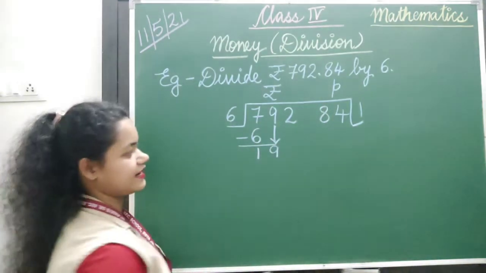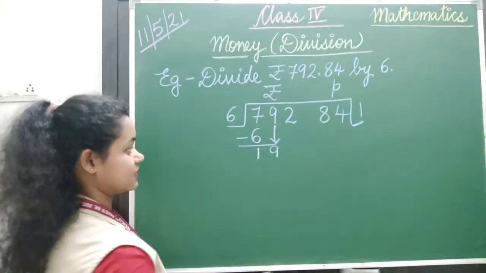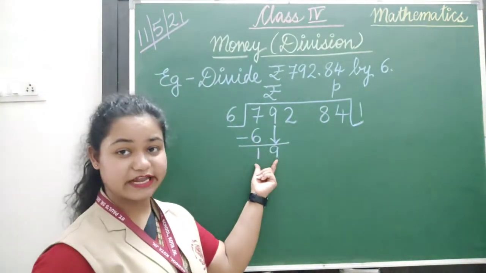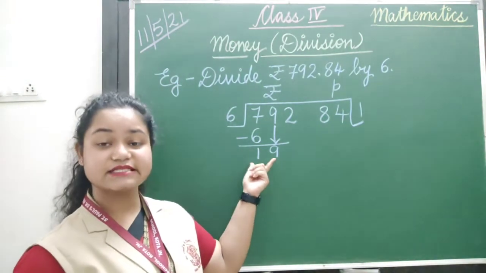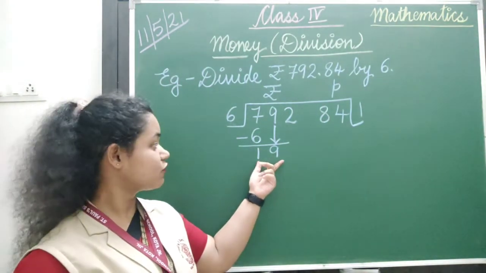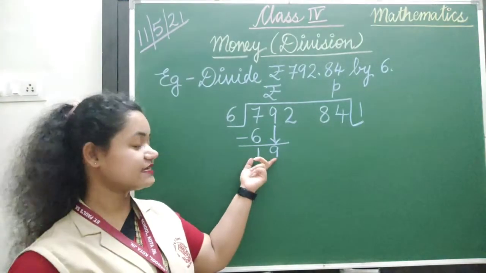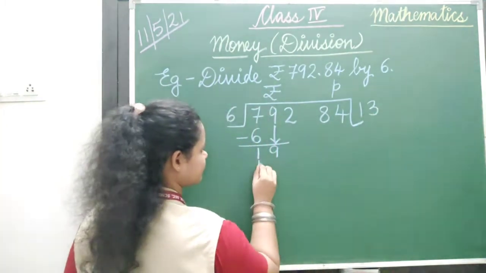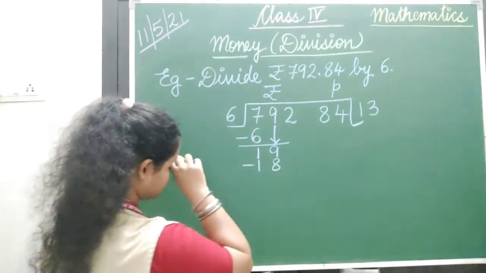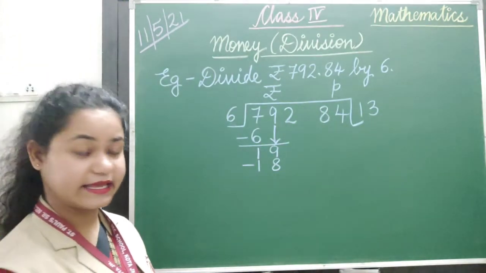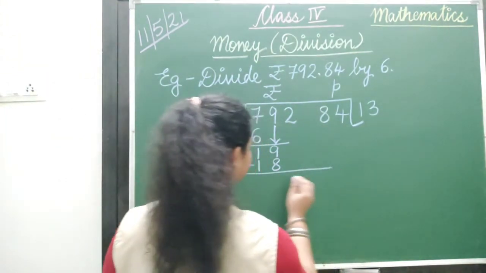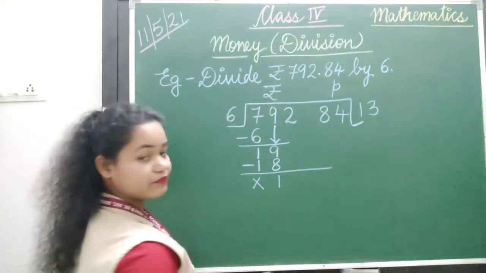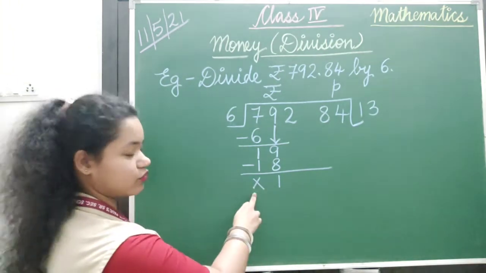This has become 19. 6 ones are 6, 6 twos are 12, 6 threes are 18, 6 fours are 24. 24 is greater than 19, and 6 threes are 18, which is very close to this number. Now just subtract: 9 minus 8, 1. 1 minus 1, 0. 0 means nothing, so I have put a cross here.